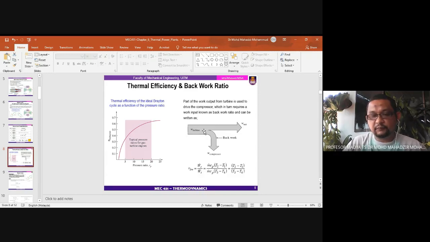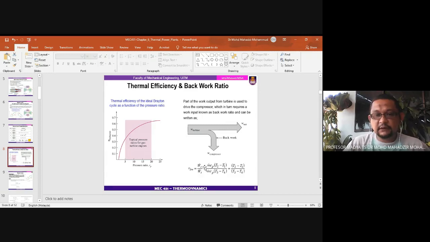The turbine gets its power from the combustion chamber, but not all of this power is converted to useful energy. Some of the energy goes back to the compressor as required work input, and it can be shown as the back work ratio.